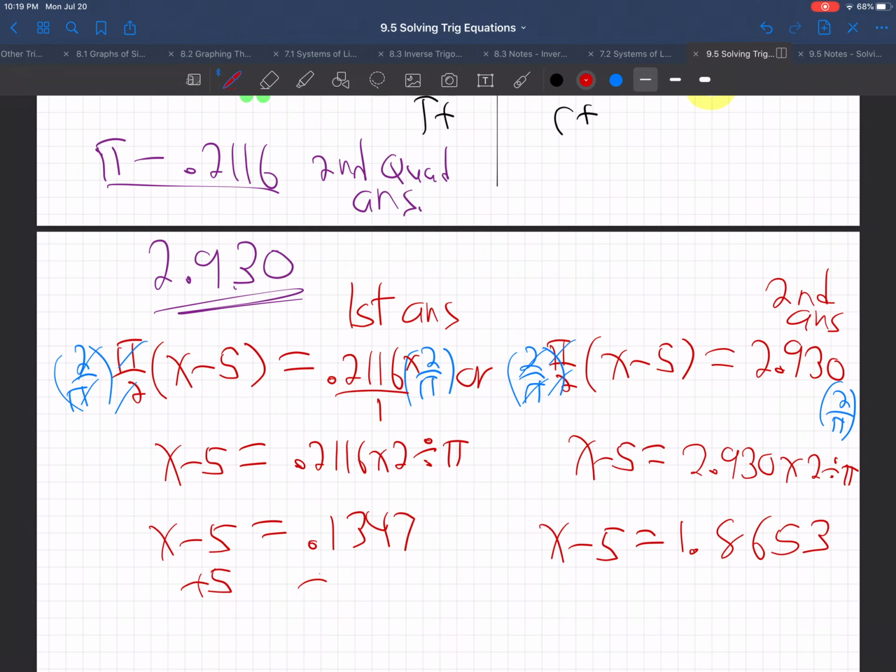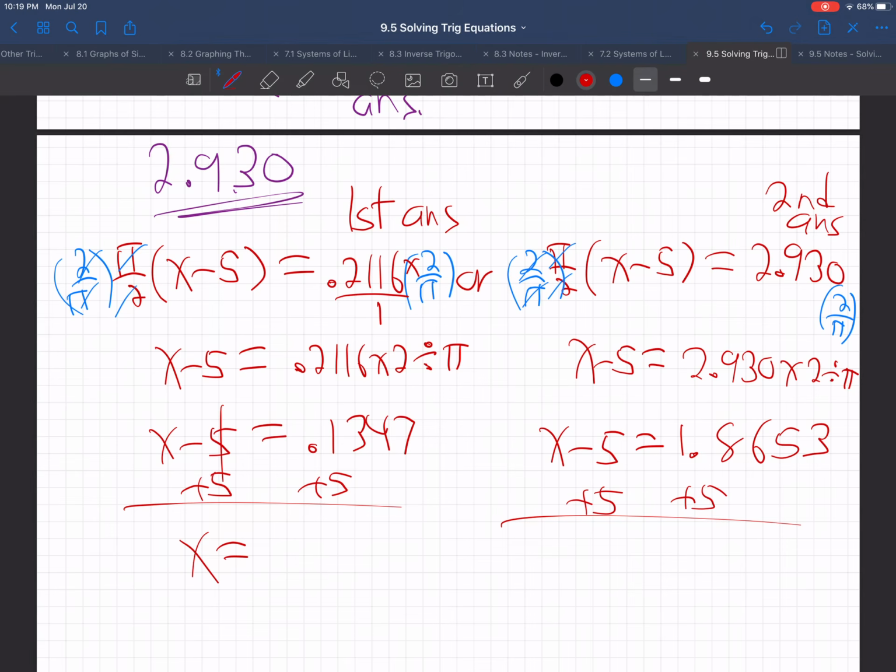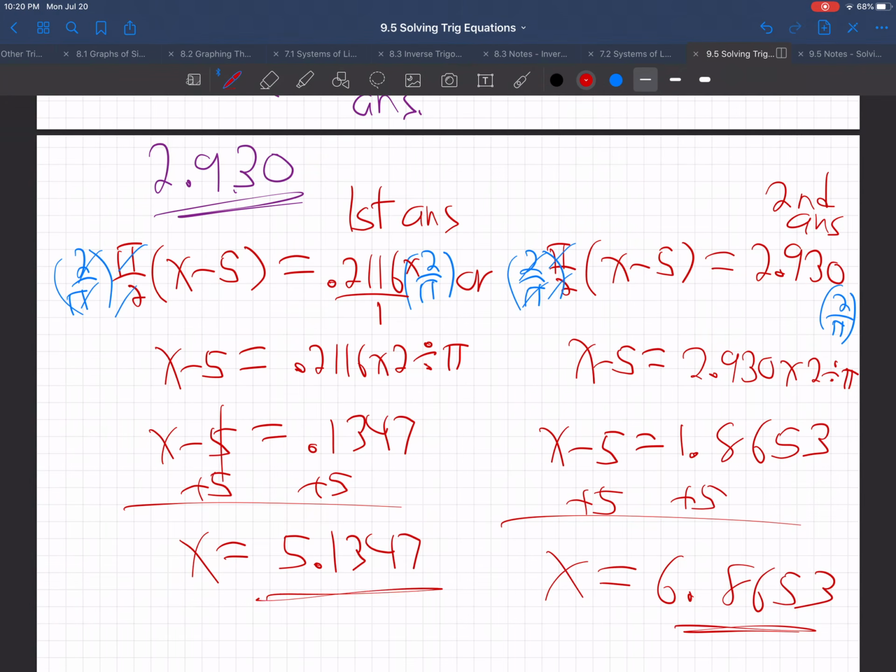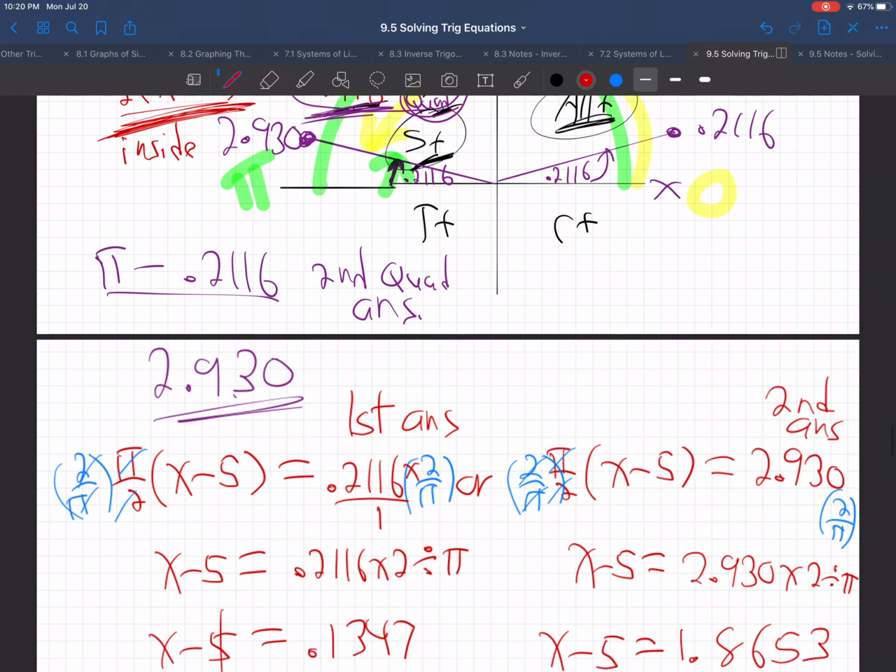Last step, we're almost done with this one. Add 5 to both sides. Boom. x is 5.1347 and x is 6.8653. There we go. That was a lot of work, wasn't it?